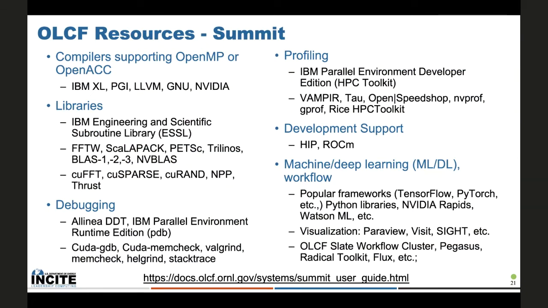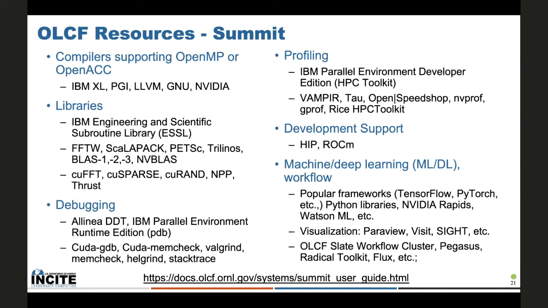But just to give you a general overview of things already installed, you have compilers to compile your C and Fortran code with OpenMP, OpenACC or CUDA. Examples are IBM XL, but also PGI and LLVM, and of course GNU and NVIDIA compilers.